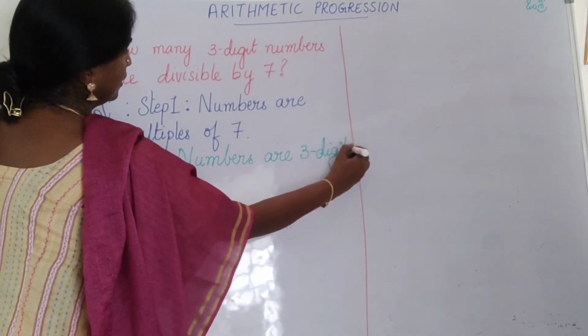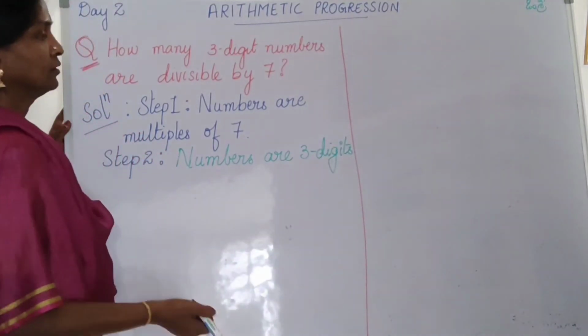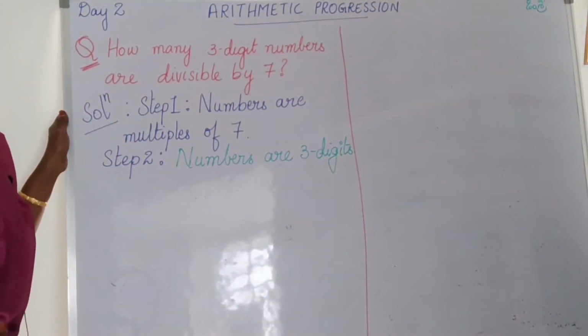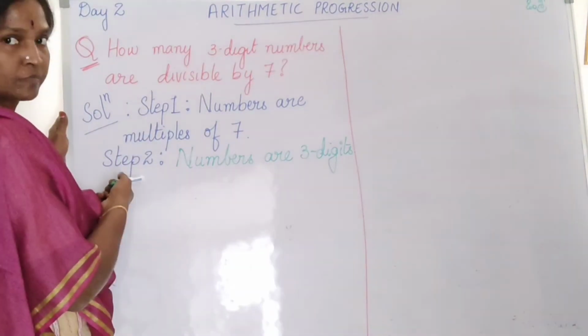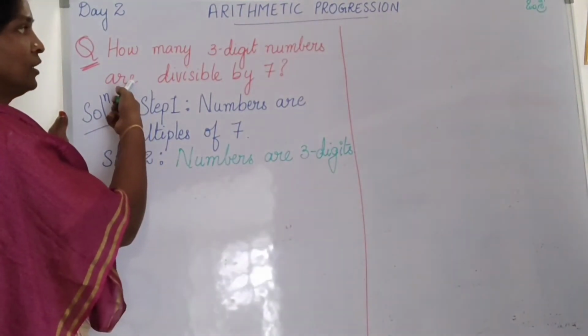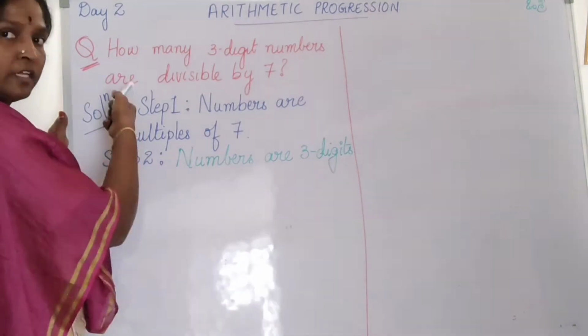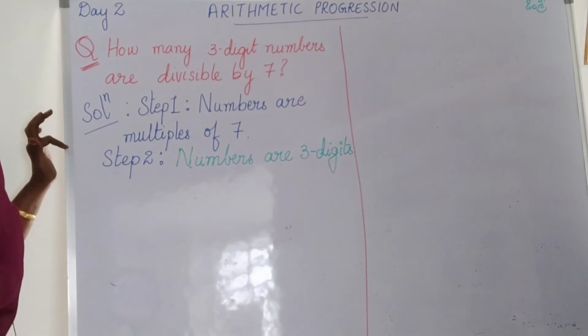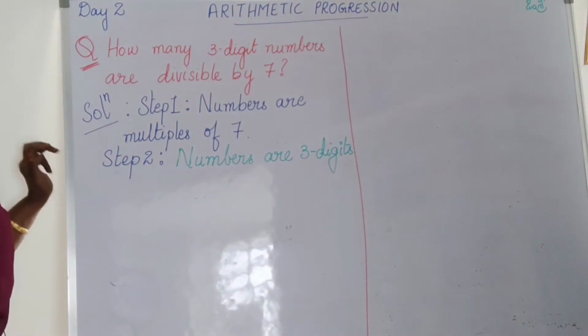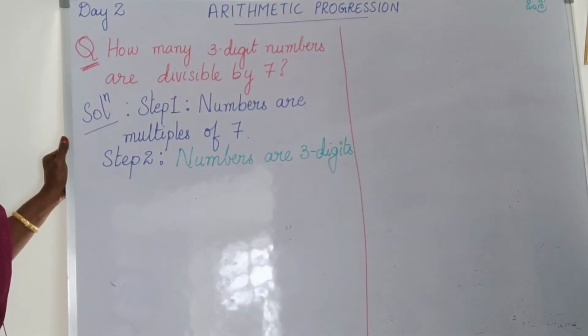These are the two pieces of data given in the problem. Now, using these two, we need to find the solution for the given problem.